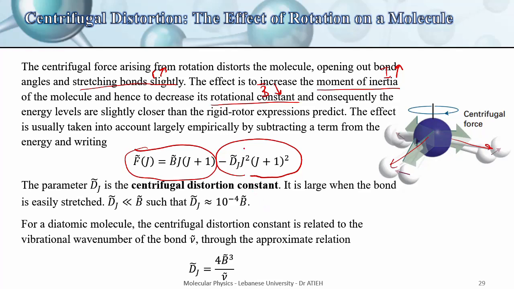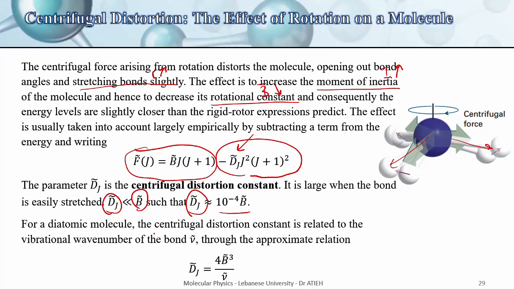The parameter D_J is called the centrifugal distortion constant. It is large when the bond is easily stretched, in molecules where the bond can easily stretch, and small when the bond is hardly stretched. So D is very small in comparison with B. It's a small correction. Approximately D is 10 to the power minus 4 B.